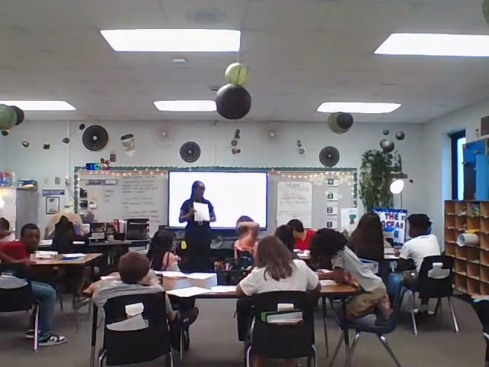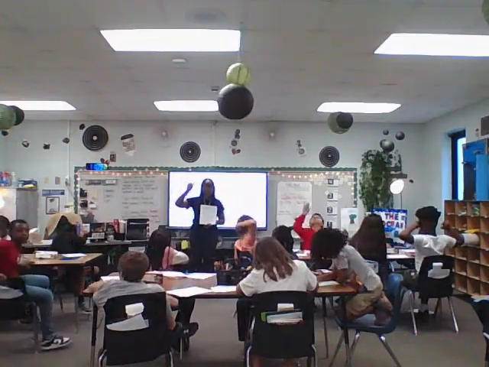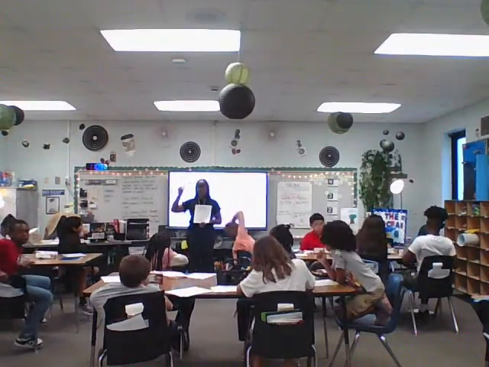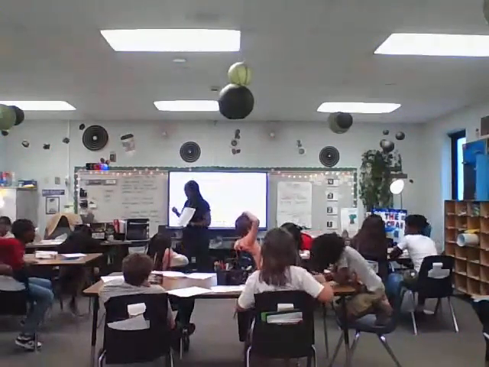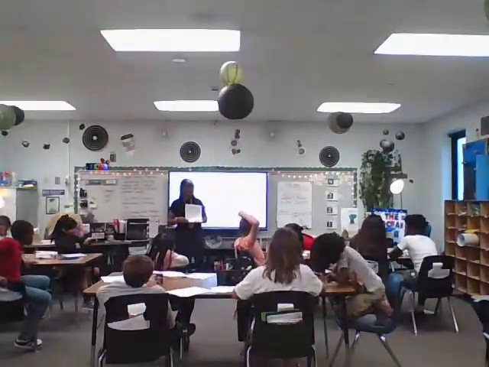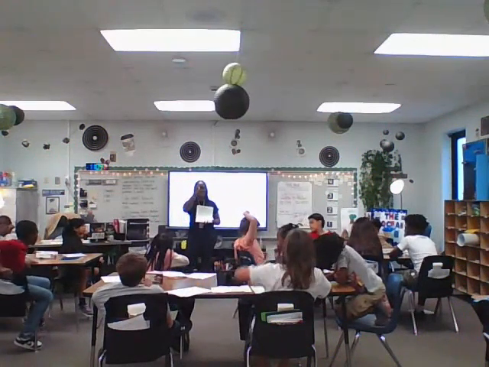I'm going to give you a dice. You're going to roll the dice. The first number you roll is the first number you're going to multiply. The second number you roll, you're going to multiply those together. And what is the answer you get when you multiply? The product.